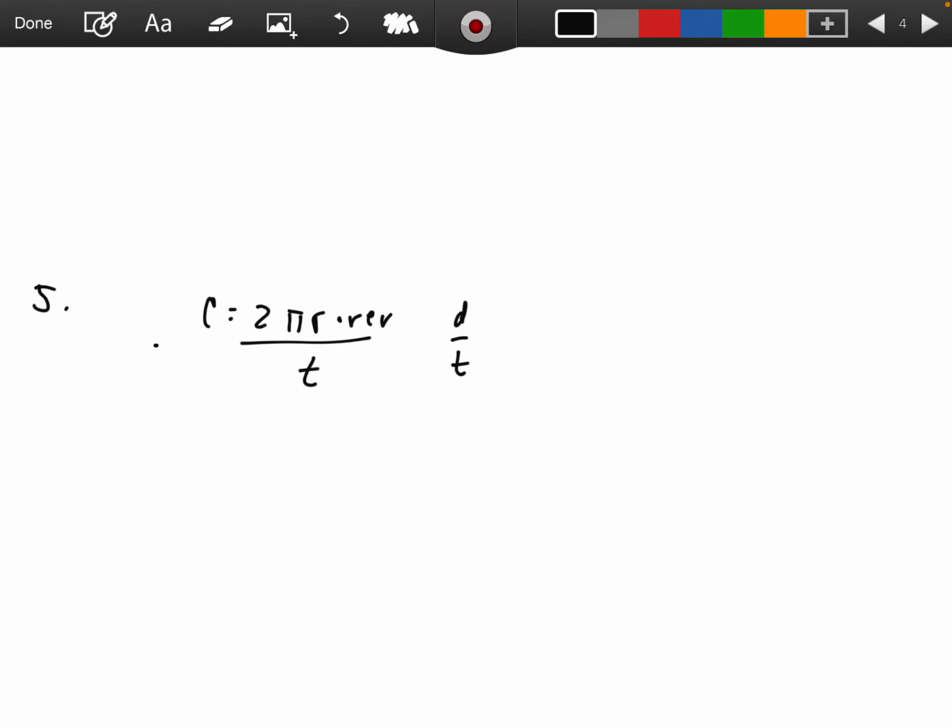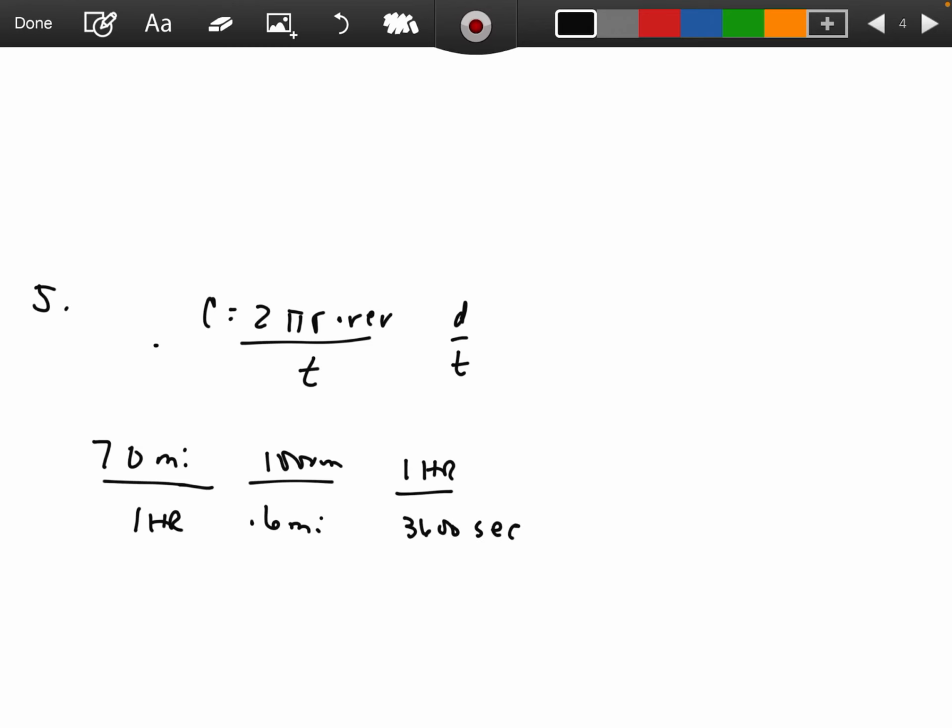Now the radius is in meters, so the 70 miles per hour has to be changed to meters per second. So that's 0.6 miles is 1,000 meters, and then 1 hour is 3,600 seconds. So that's, check our units, meters per second. So that's going to be 70,000 divided by parentheses 0.6 times 3,600, and that's going to equal 32.4 meters per second.